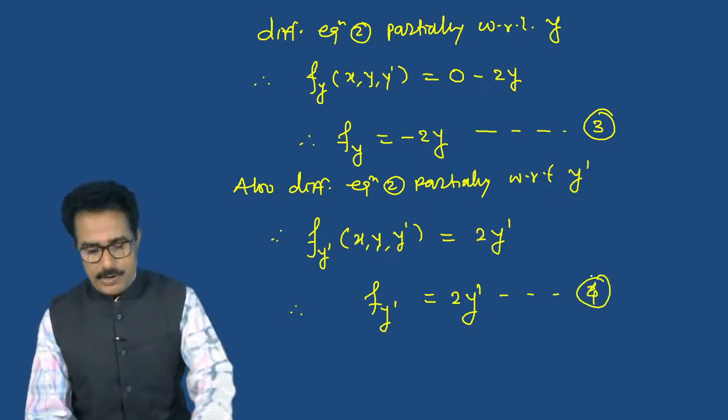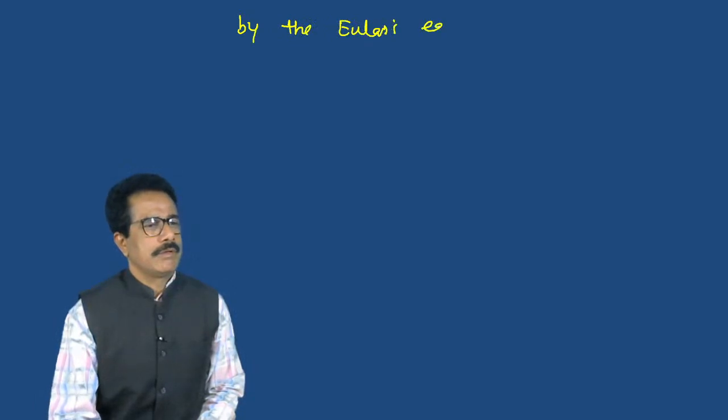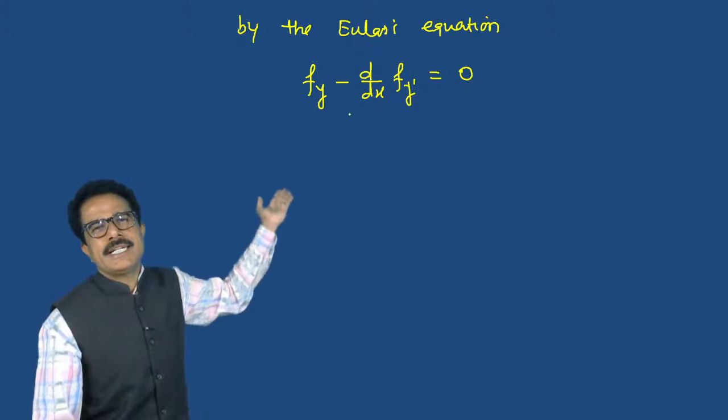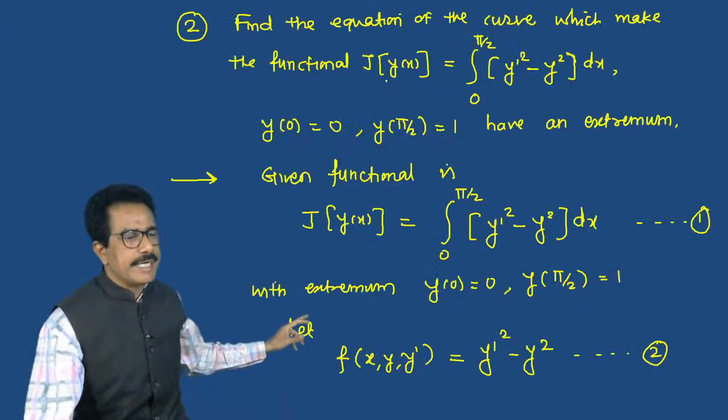Now by the Euler's equation, we can write fy minus d by dx of fy dash equals 0. You can use capital letter or small letter, there is no problem, according to our consideration of the function.